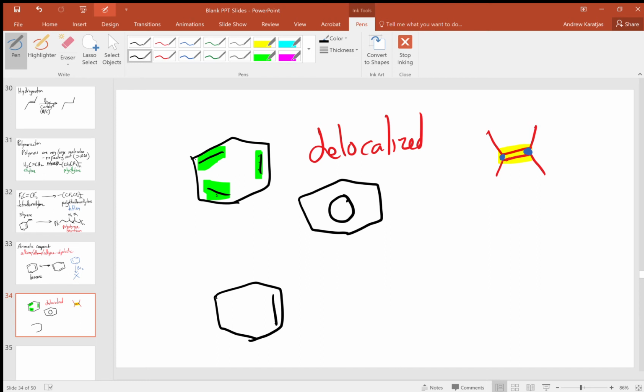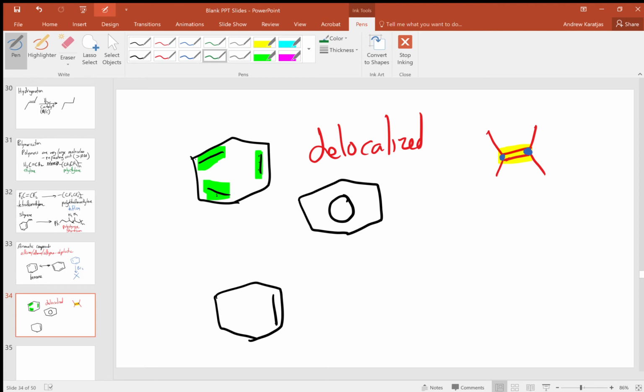If we look at cyclohexene, cyclohexene contains distinct single and double bonds. And you can measure bond lengths. It's something you can do experimentally. And we know that single bonds are not as strong as double bonds, and what that also ends up meaning is that single bonds are longer.